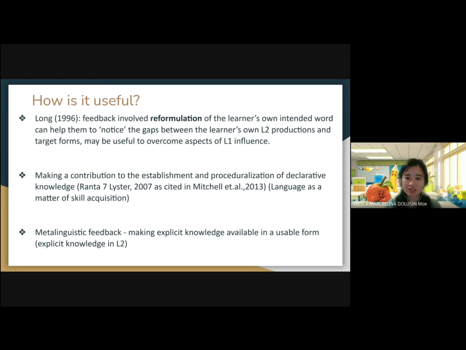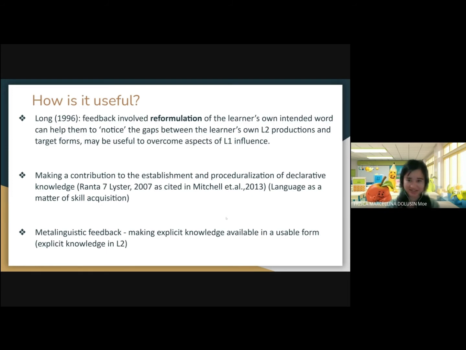According to Ranta and Lyster 2007, feedback can help make a contribution to the establishment and proceduralization of declarative knowledge, because for them, language is a matter of skill acquisition. One form of feedback is the metalinguistic feedback. It helps make explicit knowledge available in a usable form.